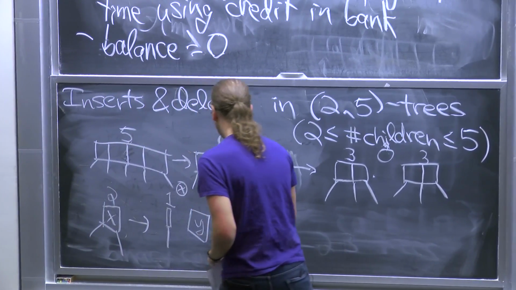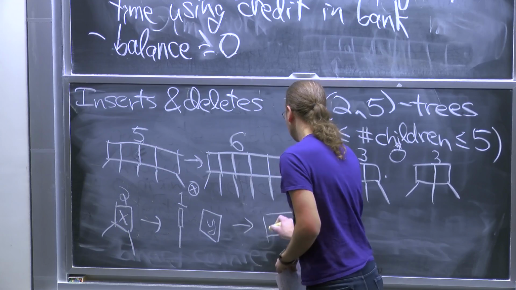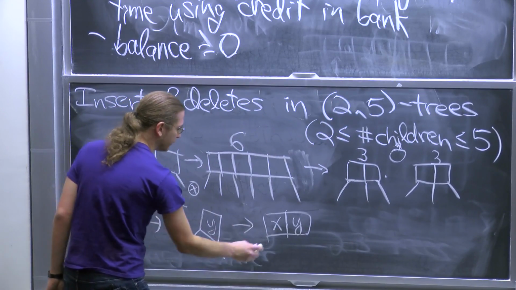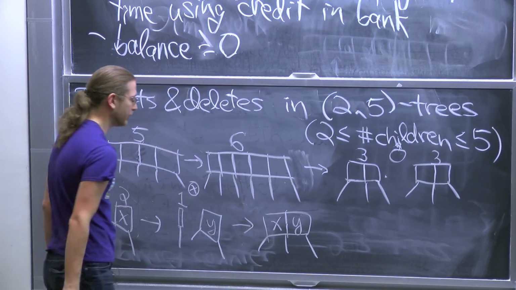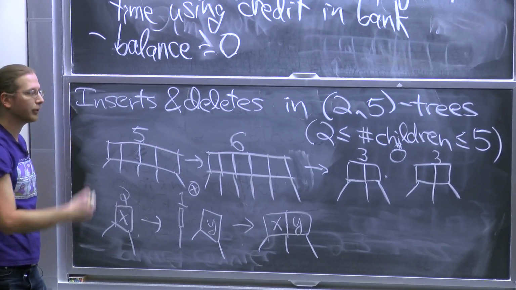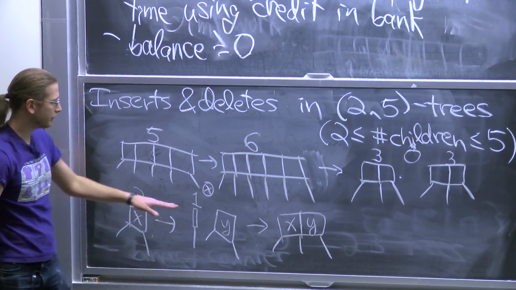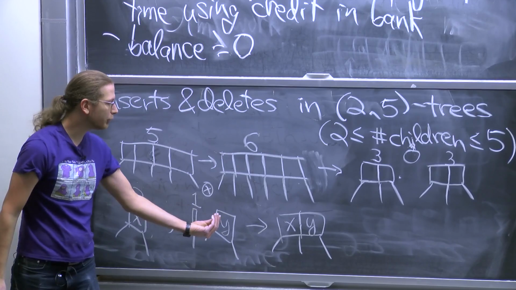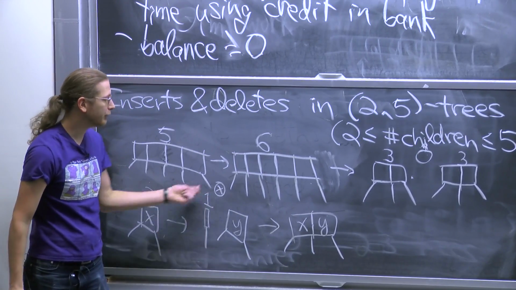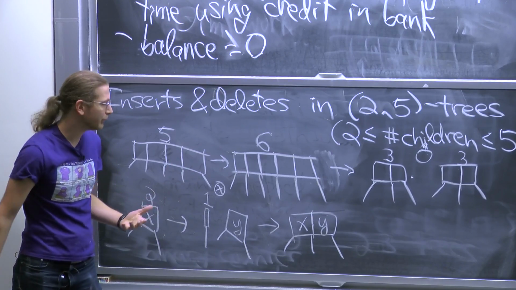So this is y. Then what I get is x, y. I had 2 children here, 3 children here. OK, I also messed up my parent a little bit, but that's going to be the recursive case. So this is a sort of merge operation. In general, I merge with my sibling and then potentially split again. Or you can think of it as stealing from your sibling, as you may be experienced with doing.